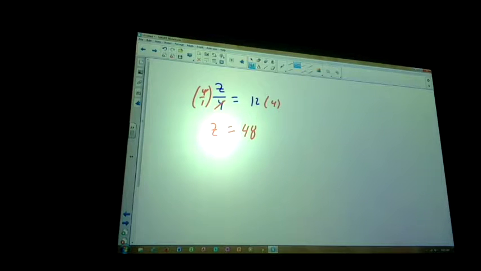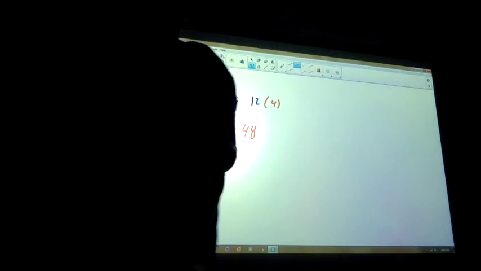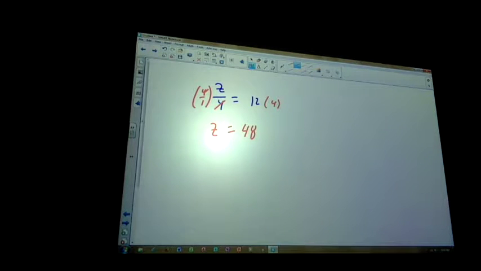So infinite answers happen when all the letters subtract out from both sides, and you get like 10 equals 10. That's infinite. No solution would be where all the letters subtract out, and you wind up with something totally not true, like 10 equals 16. Okay, so there's definitely some things to think about on those.